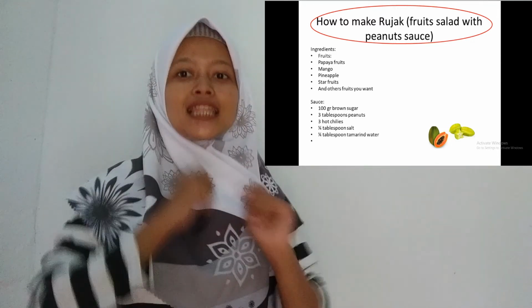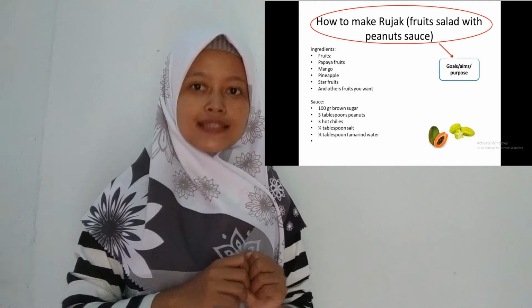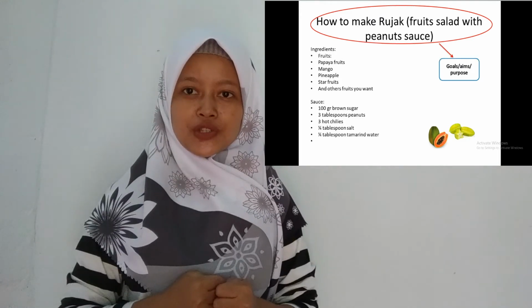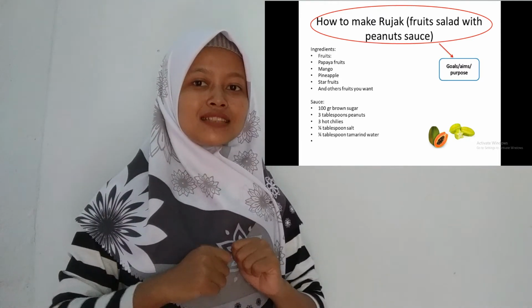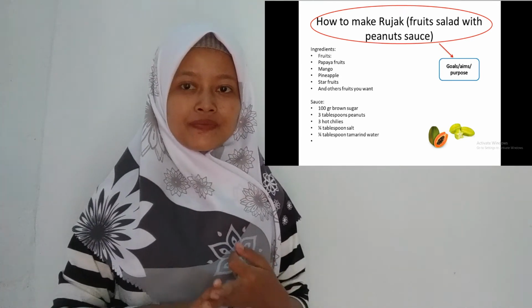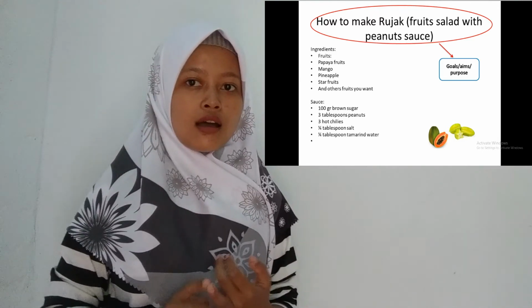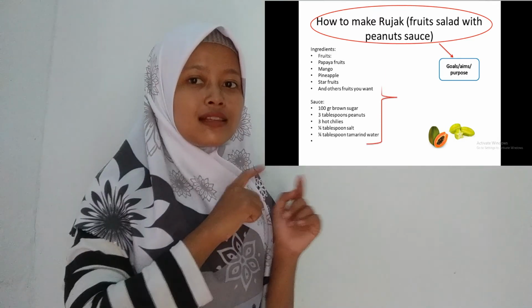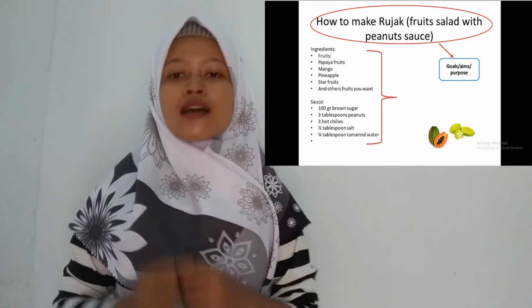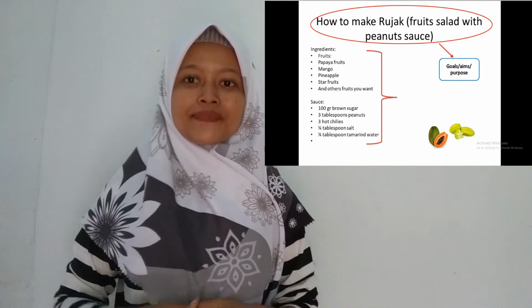In here, the title is part of the generic structure of the procedure text, and it is called goals, aims, or purpose. So in this text, our goal is to make rujak. Because of that, this title is categorized as goals in this procedure text.